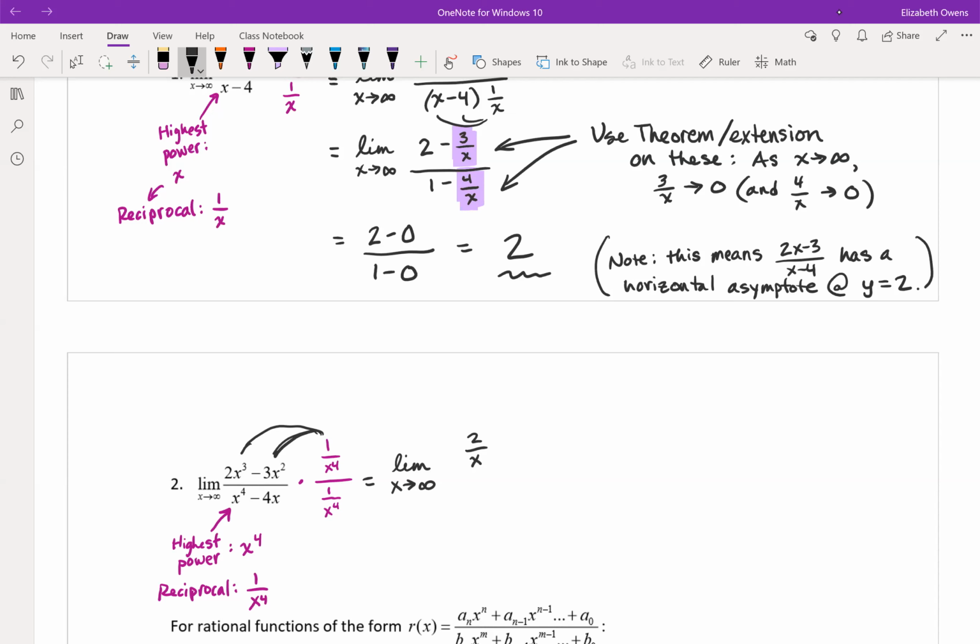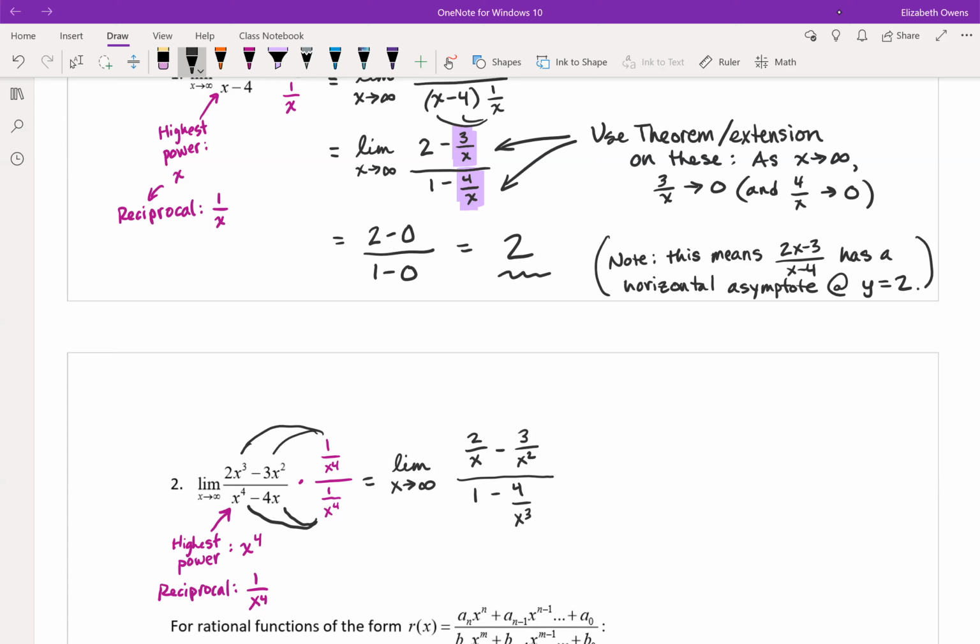And then our second term here would give us minus 3 over x squared. Okay, so there's our numerator. And now in the denominator, let's distribute. We'll get a 1 and then minus 4 over x cubed.